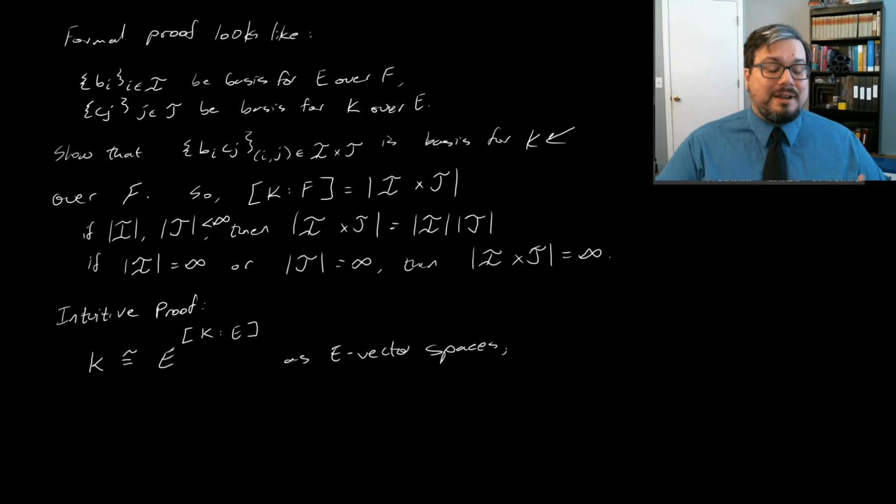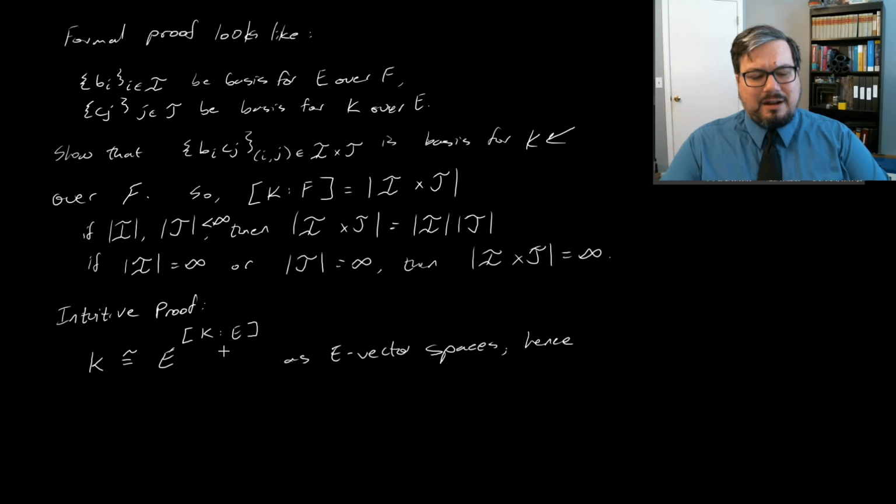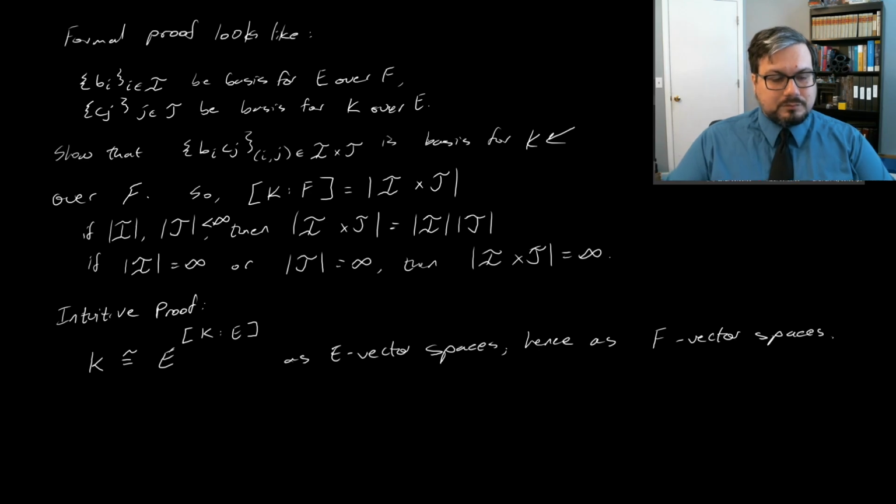And in particular, any isomorphism of E vector spaces will also be an isomorphism of F vector spaces. So they are isomorphic as E vector spaces, hence they are isomorphic as F vector spaces. And we also have that E is isomorphic to F to the degree of E over F as F vector spaces.